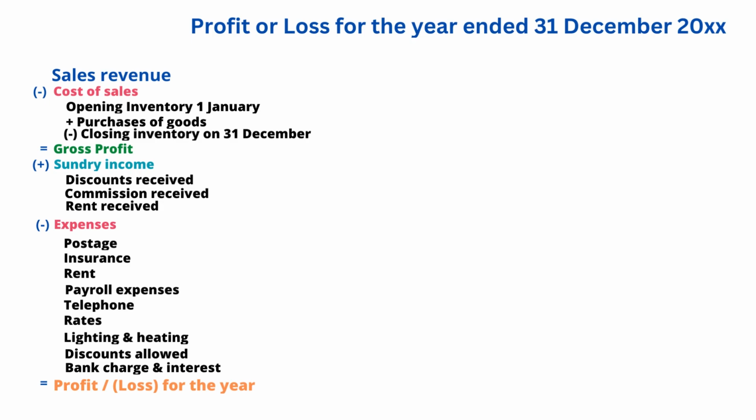After gross profit, we have sundry income, which refers to income not derived from the business's primary trading activities. Then we have the expenses, which are the day-to-day running costs of the business. Finally, after expenses are deducted, net profit or loss remains.